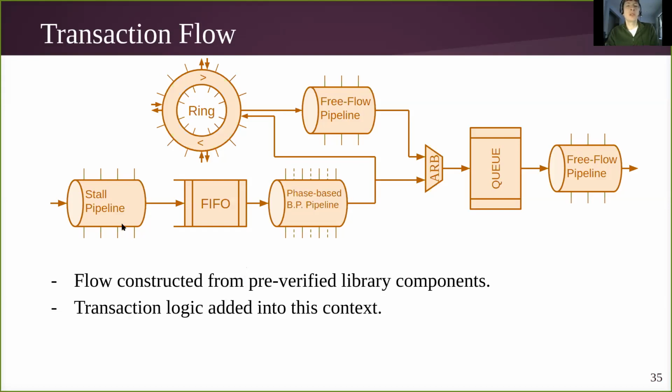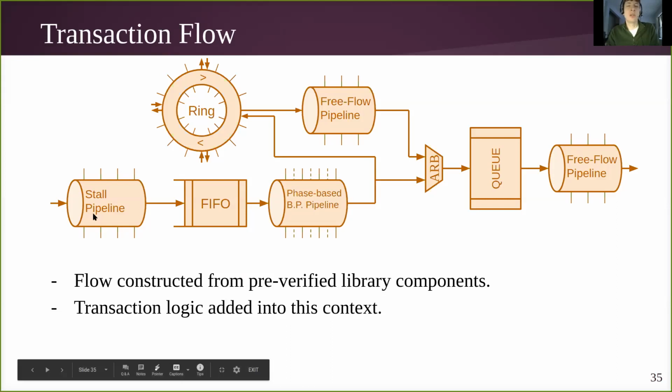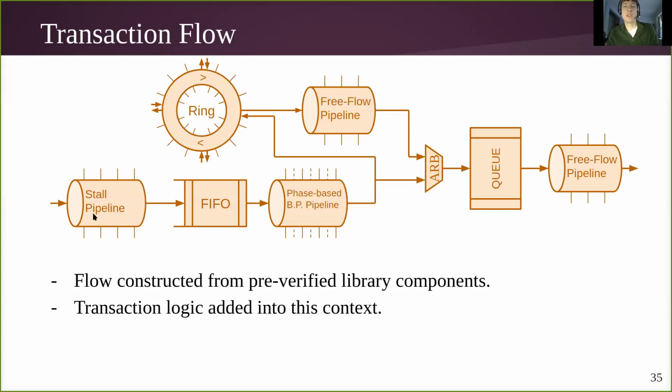And we can construct this flow out of the library macro instantiations very briefly. And then add transaction logic into the context established through these macro instantiations. So logic like decoding packet headers and performing instruction decode, whatever we might be doing. That can all be added then into this context.